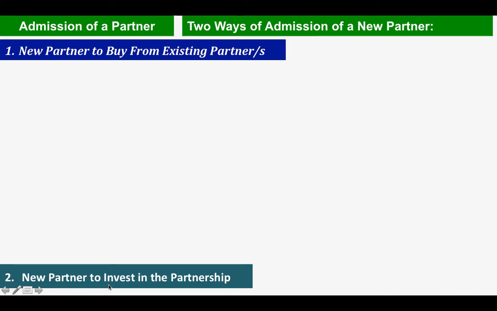In this lecture video, we are going to discuss the first way, which is the new partner buying from existing partners. The second way, wherein the new partner invests in the partnership, will be discussed in the next lecture video.